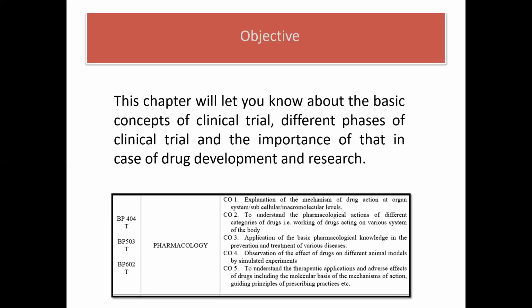As I'm sure all of you are hearing right now in this pandemic situation, about clinical trials, phase 3, phase 4, phase 2 clinical trial. So what is it? Why are people so excited about clinical trials? That we will come to know today.